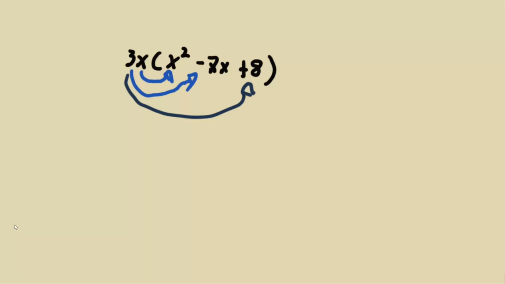All right, so let's just start solving. So this is like 3x times x squared, right? So what is 3x times x squared? Well, we know when we're multiplying x times x, we have to add the exponents. So it's kind of like 3x to the power of 1, times x to the power of 2.